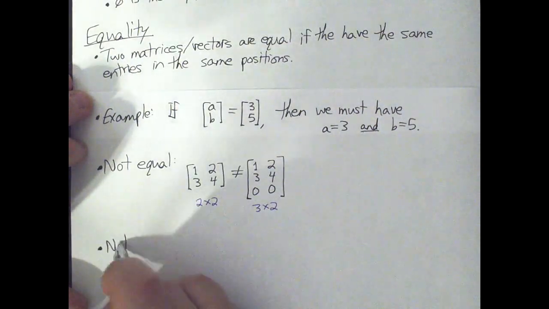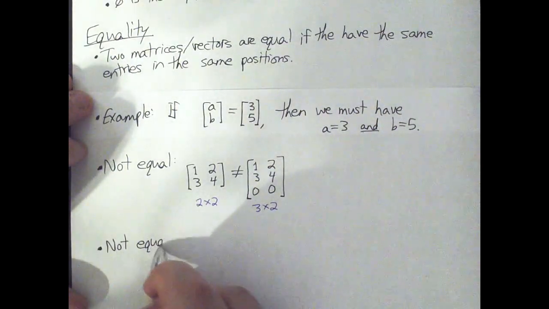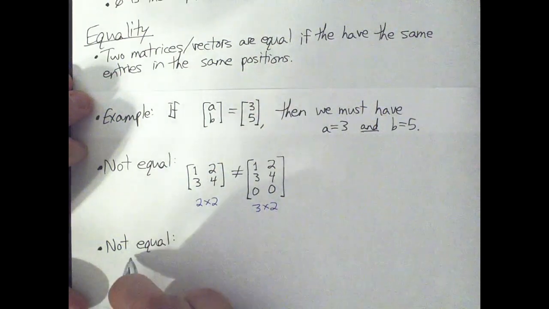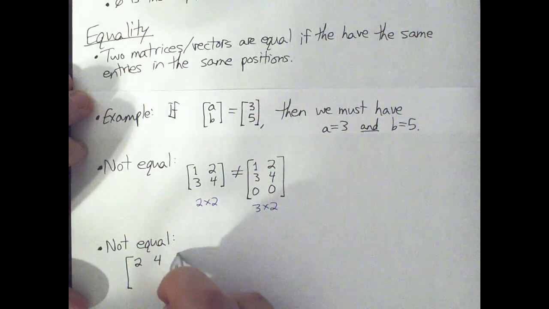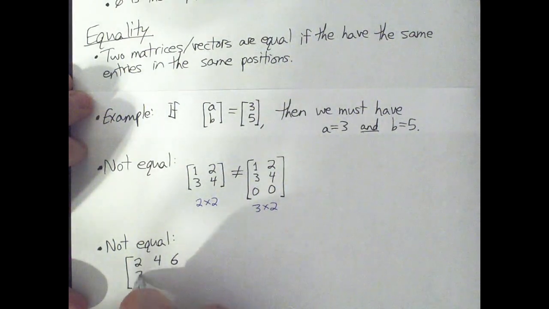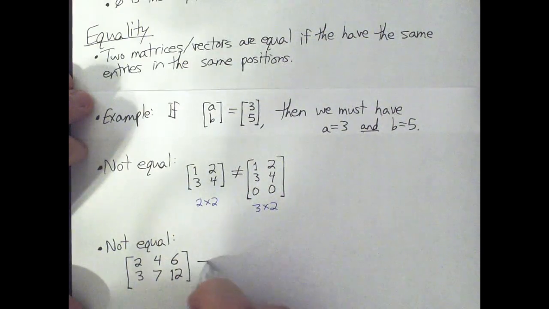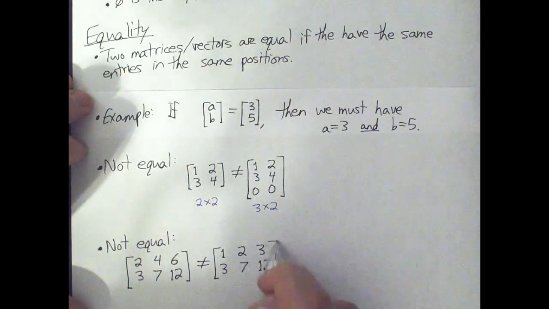Give you another example of 2 matrices that are not equal. How about the matrix 2, 4, 6, 3, 7, 12 is not equal to the matrix 1, 2, 3, 3, 7, 12. So why am I pointing this out?